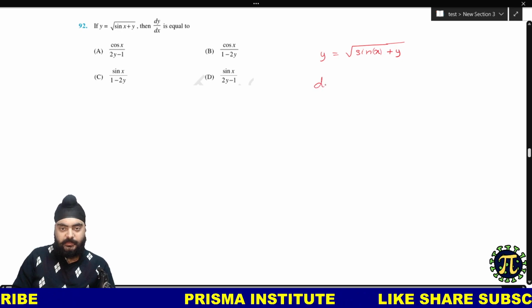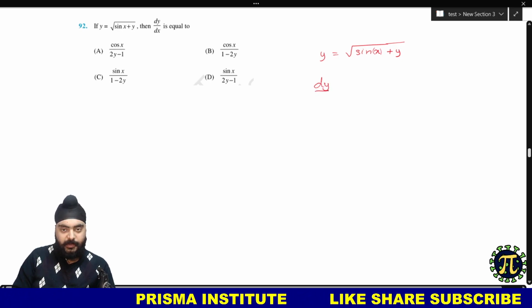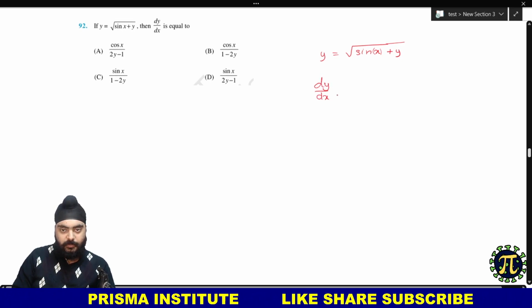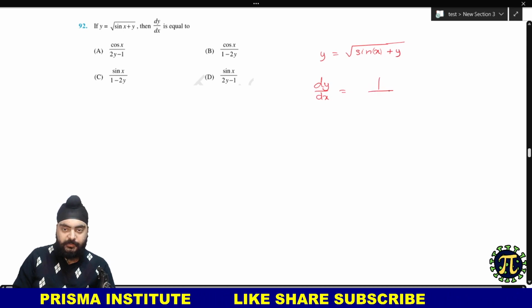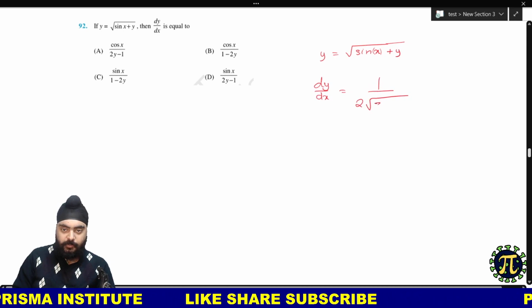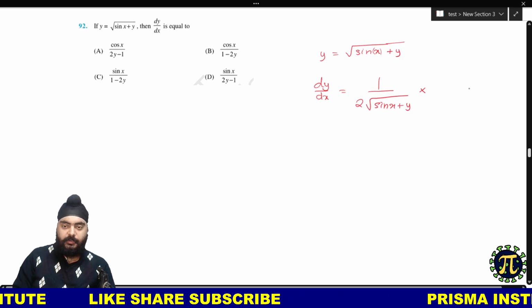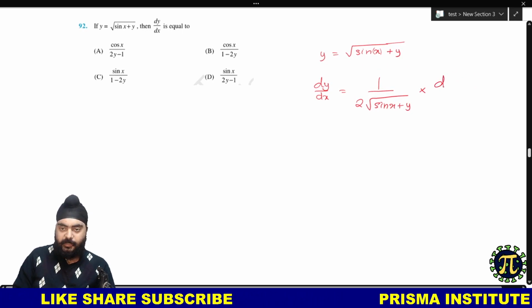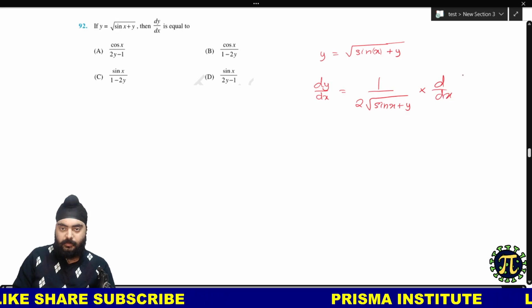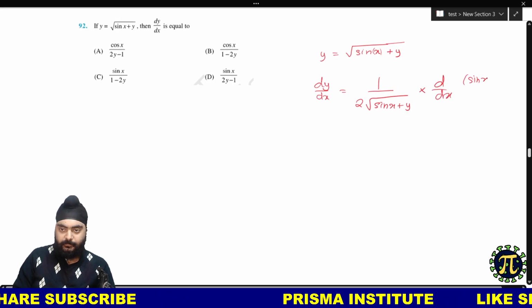So dy by dx, we can try to do it directly also, and we can get square root x का differentiation 1 by 2 square root of x, so sin x plus y, and into differentiation of the term inside, into d/dx of sin x plus y.